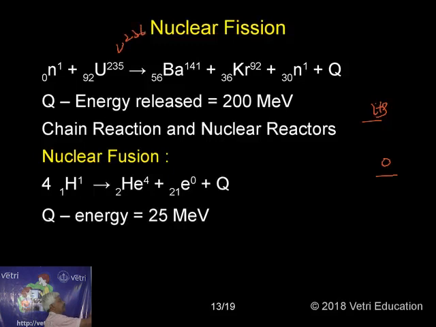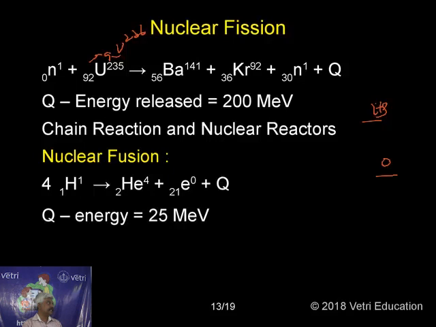92 uranium-236, when uranium-235 is bombarded with a neutron. This uranium-236 divides into barium and krypton: 56 barium and 36 krypton. As far as mass number is concerned, 141 and 92. 56 plus 36 is 92, so Z is tallied.